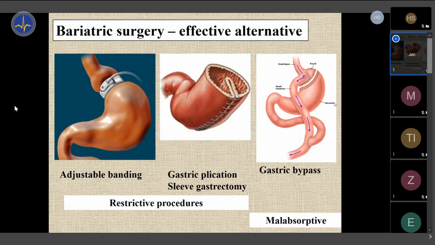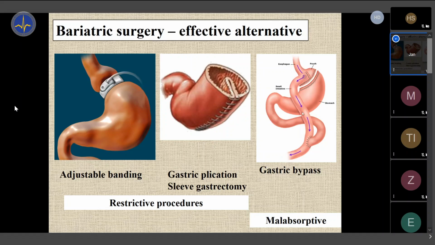So what happens here? It's a more invasive operation, because when the patient eats, the food doesn't go into the stomach. The stomach is interrupted right here, but the food goes directly into the middle portion of the gut, and it's not digested, right? Because no digestive juices or fluids were mixed with the food.